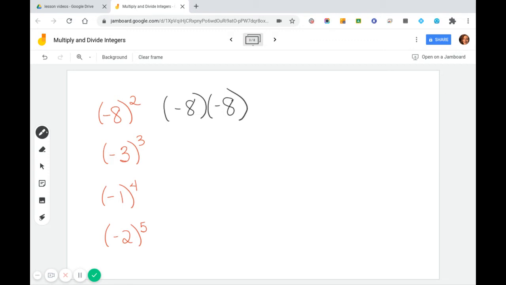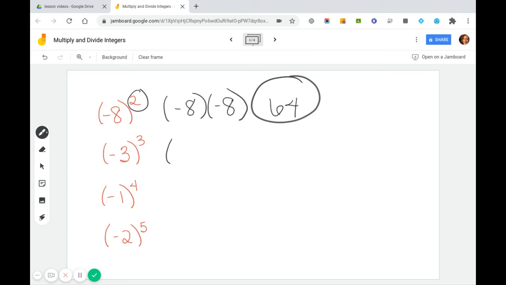A -8 times a -8 is a positive 64. Or you can go ahead and do your number to the exponent. So 8 squared, 8 to the second is 64. This is an even number. So I've got an even number of negatives.